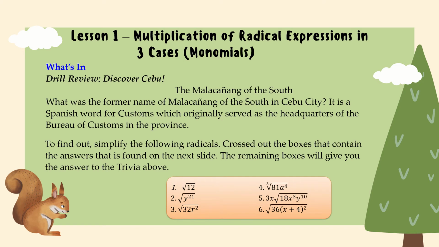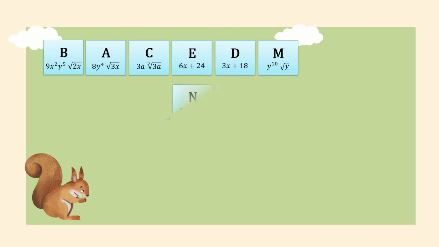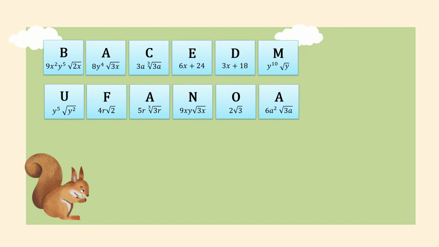So here are 6 items for you to simplify. And then, if you got the correct answer, you will cross out those boxes that contain the correct answer on the next slide. So, here we are. We have 12 letters and 12 different answers.